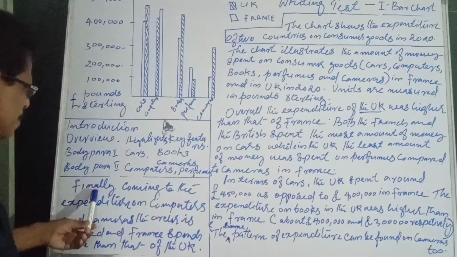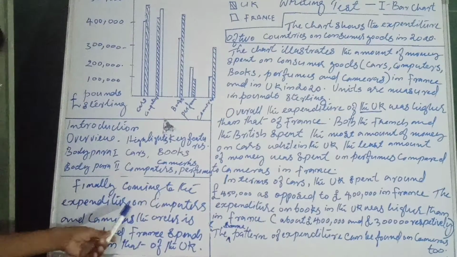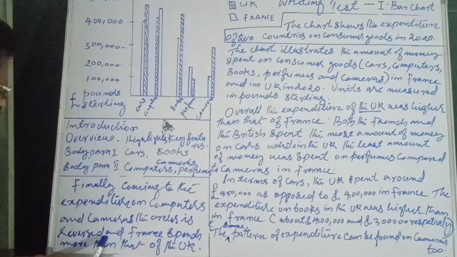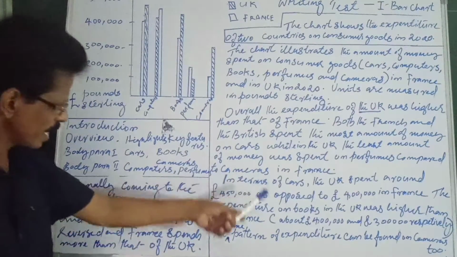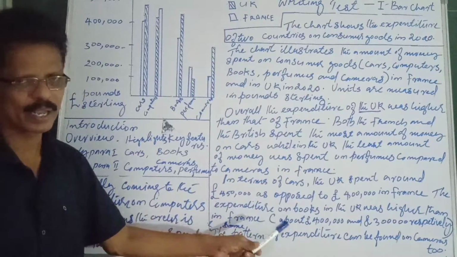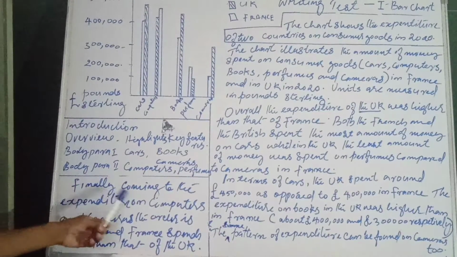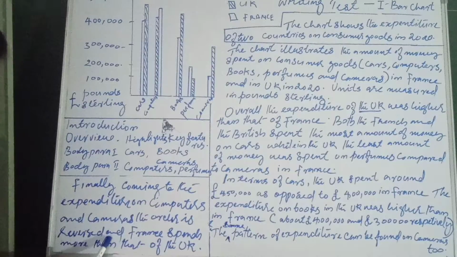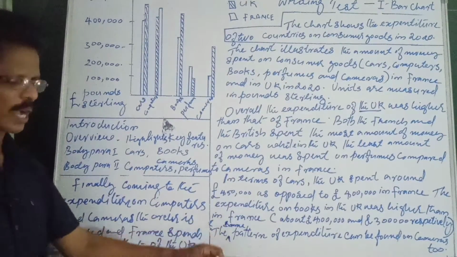Finally, coming to the expenditure on computers and cameras, the order is reversed. So here we find the UK spends more money and France spends less money. When we come to the expenditure on computers and perfumes, the order is reversed and France spends more than the UK.